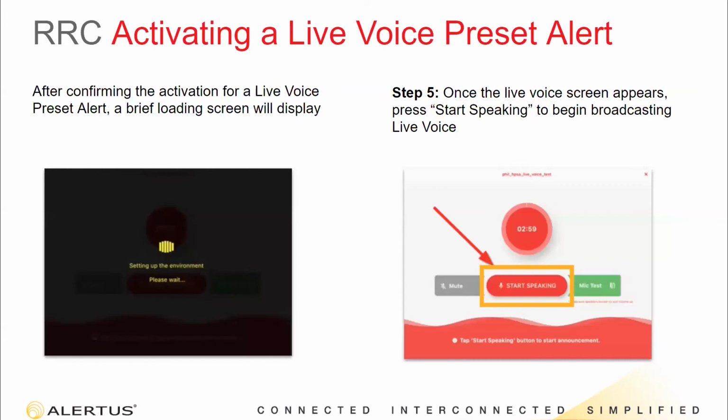Now, you also have the option of recording live voice or broadcasting live voice. Some alerts may be configured to stream live voice from the RRC directly to new generation high-power speaker arrays. If the preset alert on the home menu indicated live voice in the name, you will be prompted to broadcast live audio after confirming the activation.